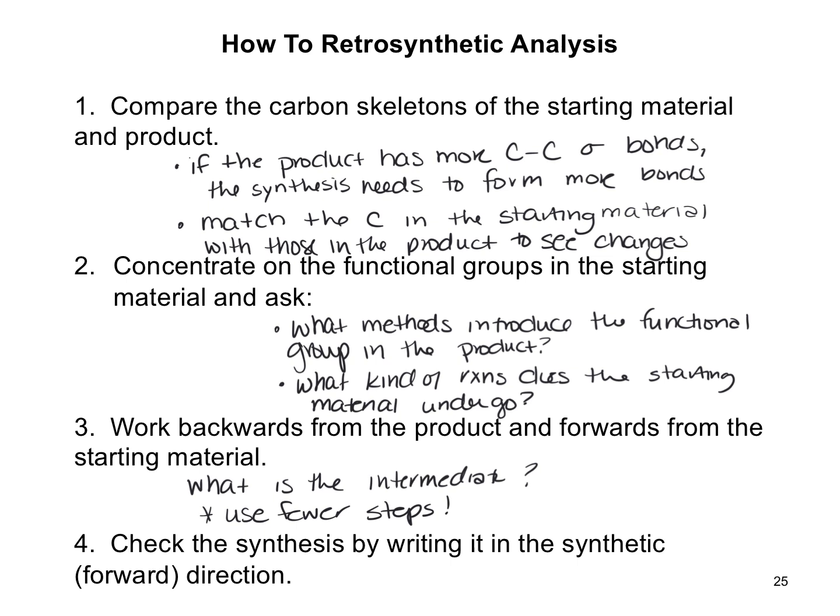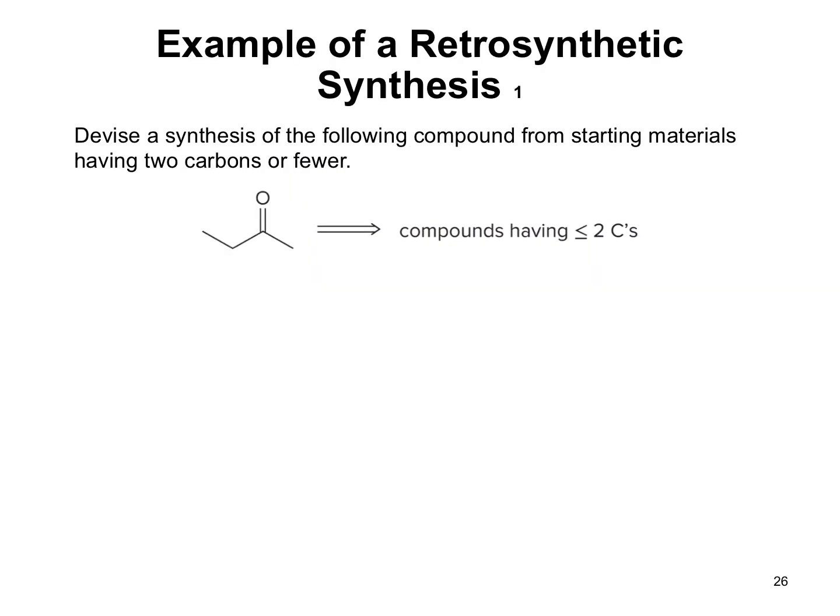Then you need to check the synthesis by writing it in the forward direction. And so in the last chapter, we looked at doing this retrosynthetic step, and we said, look, we can work backwards and you can work forwards. So it's this give and take or play with solving these problems. Now, here's another thing that sometimes can throw students off: sometimes we can get multiple syntheses, and they are all great.